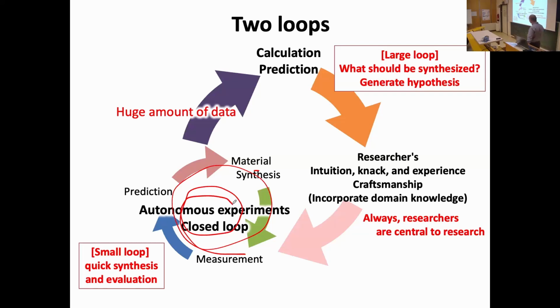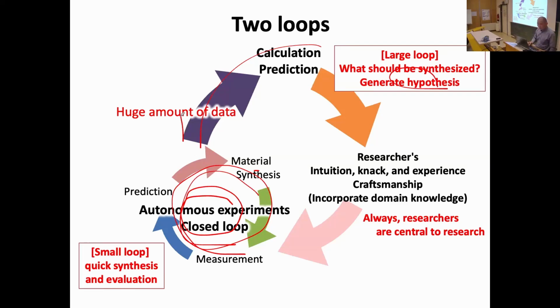If we decide what to fabricate or what parameter to maximize, then this really works very fast. But the other loop, the bigger loop, is about what to do: deciding or generating the hypothesis. So this is a large cycle, and this is very important.